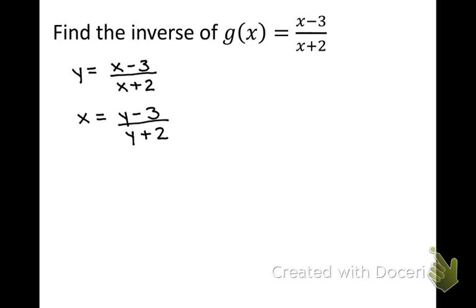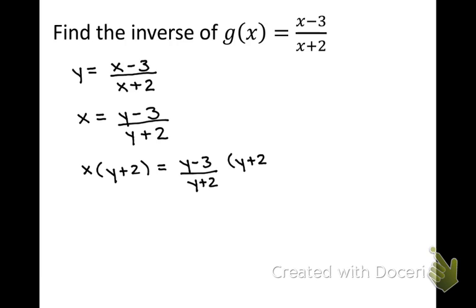Now, anytime I have a fraction, if I want to get rid of my fraction, I can multiply by the denominator. So I need to have x times y plus 2 equals y minus 3 over y plus 2 times y plus 2.